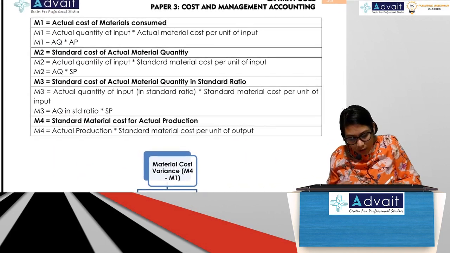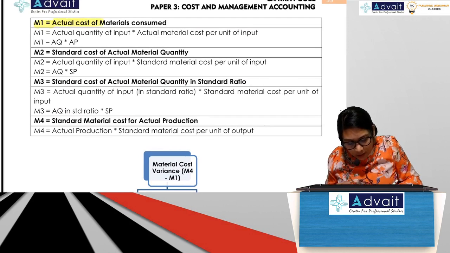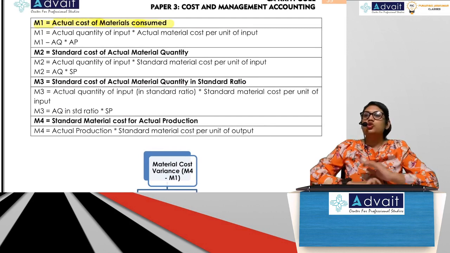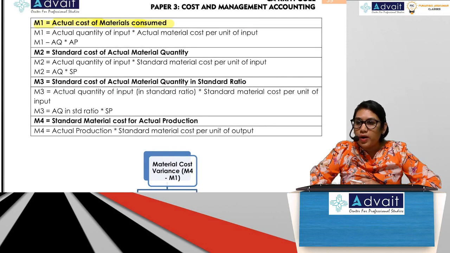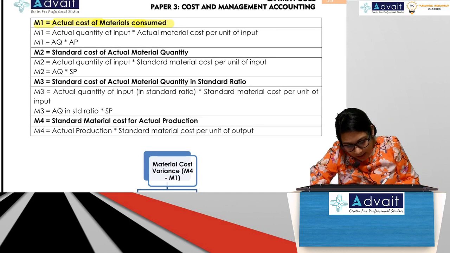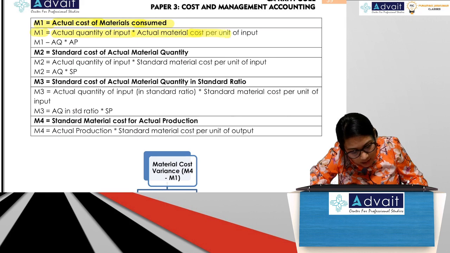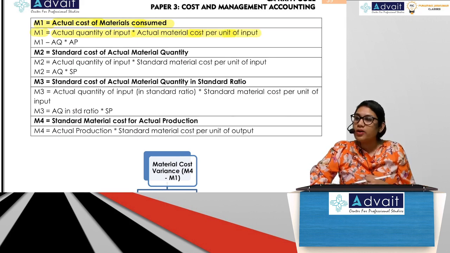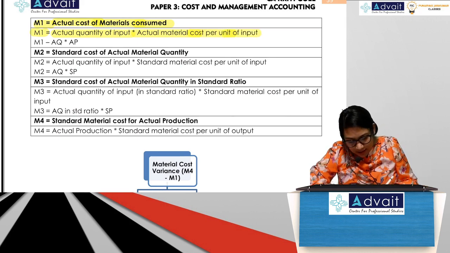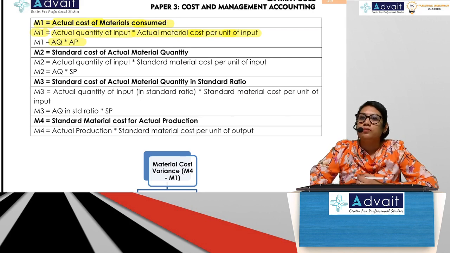What is M1? Actual cost of materials consumed. What do you understand by this? Actual cost of materials consumed. So M1 is actual quantity of input into actual material cost per unit of input. In other words, AQ into AP.